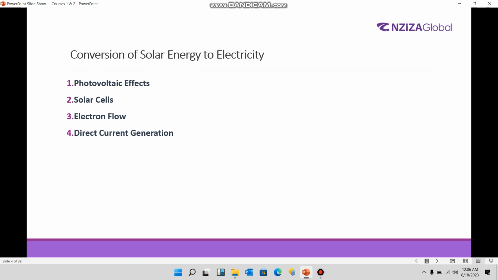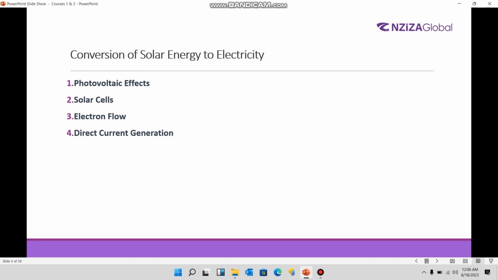Let's start one by one with the photovoltaic effect. When sunlight or photons hit the surface of a solar panel, it excites the electrons in the semiconductor material, creating an electric current. This phenomenon is known as the photovoltaic effect.